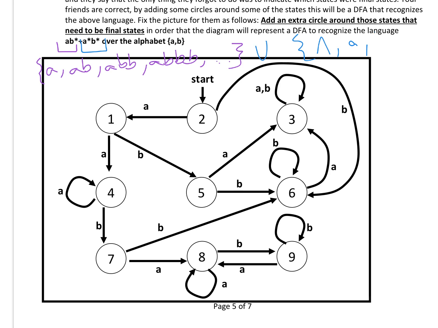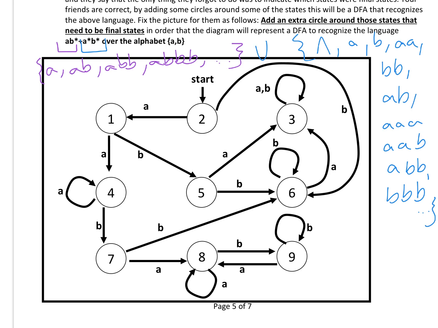We could have an A by itself, a B by itself, 2 A's, 2 B's, an A and a B. We could have 3 A's, we could have AAB, ABB. We can't have ABA. We could have BBB. Is there anything else we can have? I don't think so, because all the A's have to come before all the B's. So there you go.